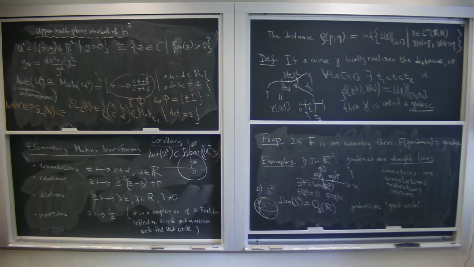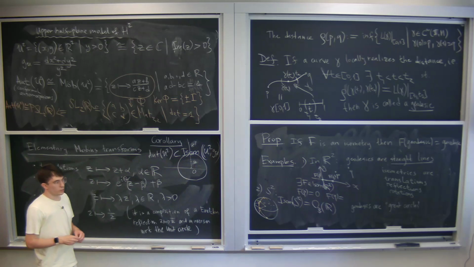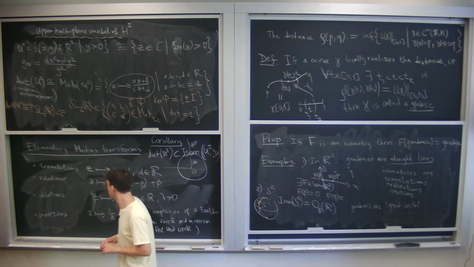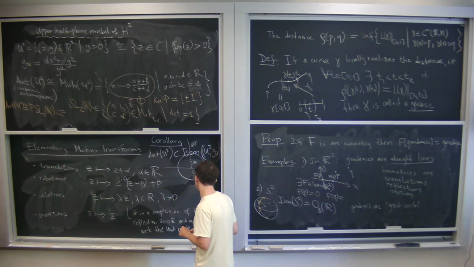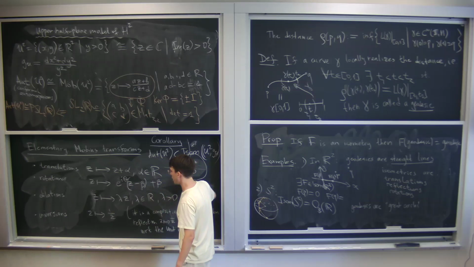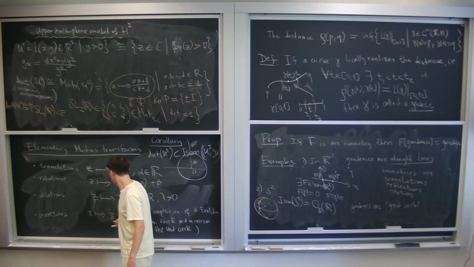Described this way, it will send the upper half plane to the lower half plane, and also the thing that you described with negative determinant. I think you want negative 1 over z. So you also add a rotation to switch points. Okay, let me think. Say the point i goes to negative... yes, 1 over i is negative i.